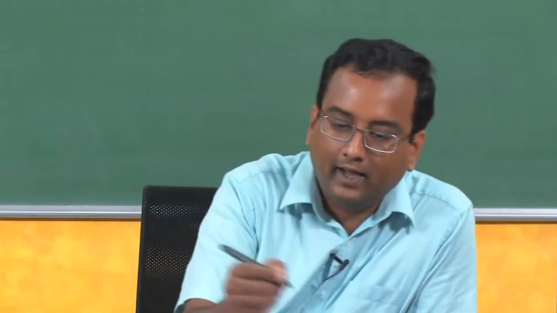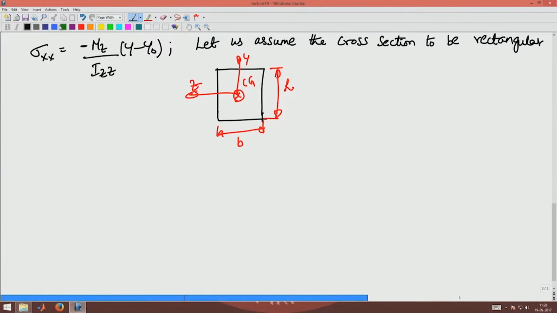Now sigma xx is given by Mz by Izz minus into y minus y naught, right. Mz we have found before. For Izz, for a given cross section, let us assume the cross section to be rectangular with the following dimensions: this is y, this is z, this is b, this is h.